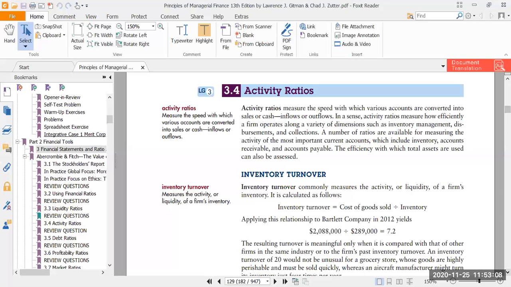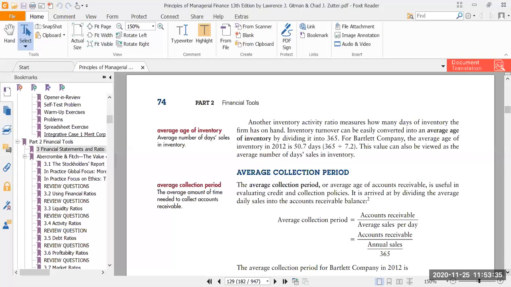Applying this relationship, we have calculated it is around 7.2. An inventory turnover of 20 would not be unusual for grocery stores whose goods are highly perishable and must be sold quickly, whereas an aircraft manufacturer might turn its inventory only 4 times a year.